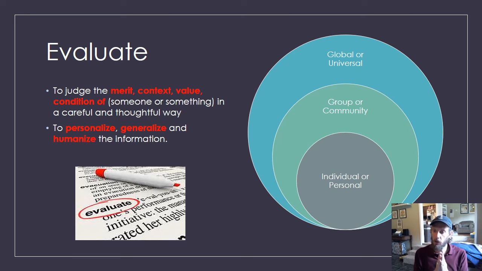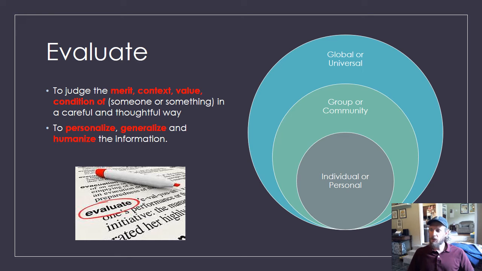What we want to do is say, but look, here's where I'm coming from. My experience is this, okay? How does that interact with a group or community? And then universally, particularly historically, right? What's the context of this thing? And we see the Confederate flag's not so pretty, right?